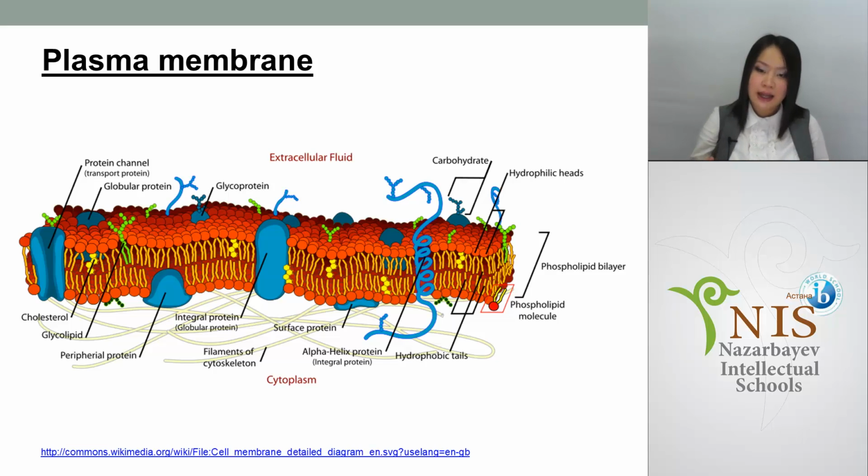If you look at this picture carefully, you easily could see that it consists of two layers. Two layers in red in this picture. We call it the phospholipid bilayer. Bi means two. Each of these layers consists of phospholipid molecules.